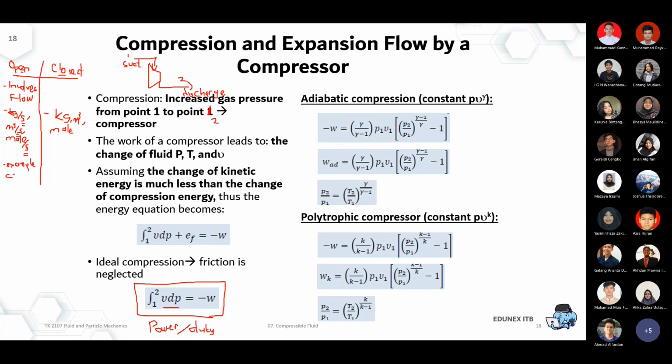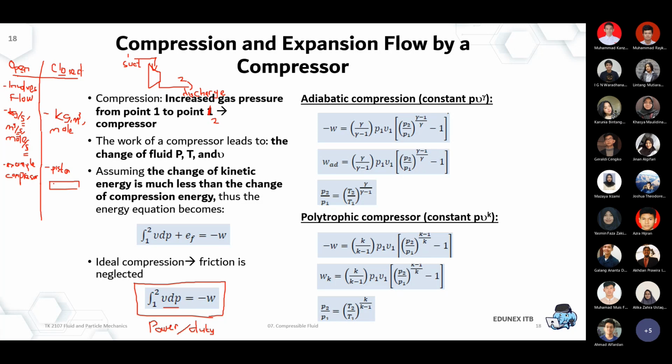For a closed system, a typical example would be a piston in a car, for example, because of the different cycles between the suction and discharge of the gas. It's considered a closed system because the system is very definitive regarding the surroundings of the system itself.